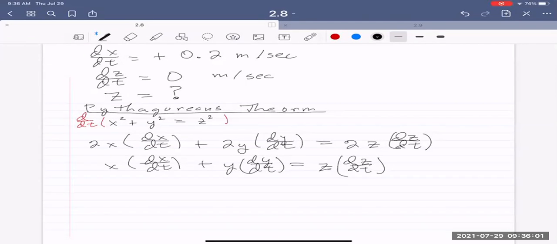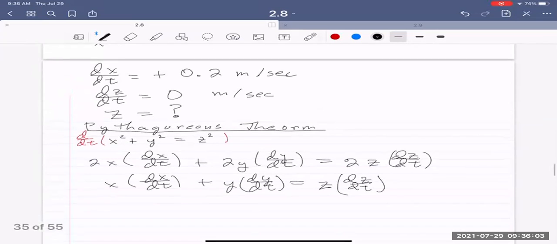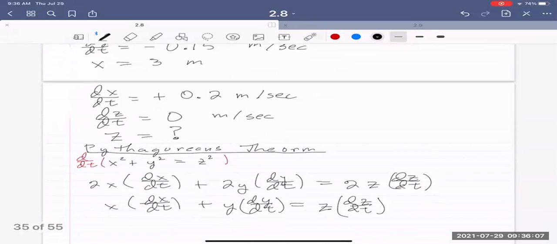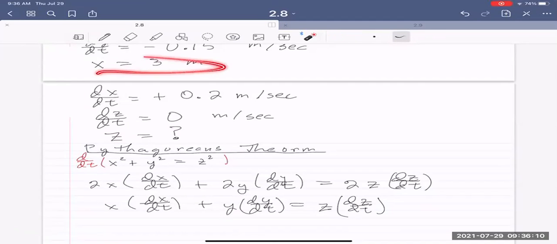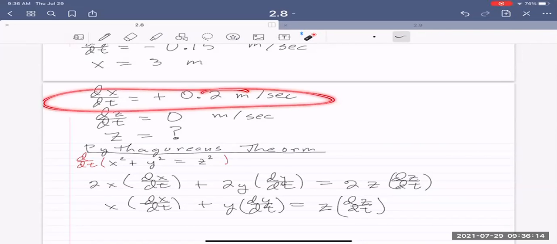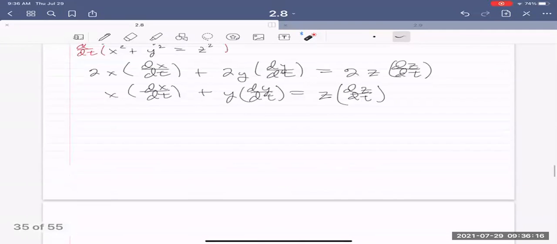Okay. So x is 3, dx/dt is 0.2. So 3 times 0.2, plus, well, y. I don't know what y is yet.